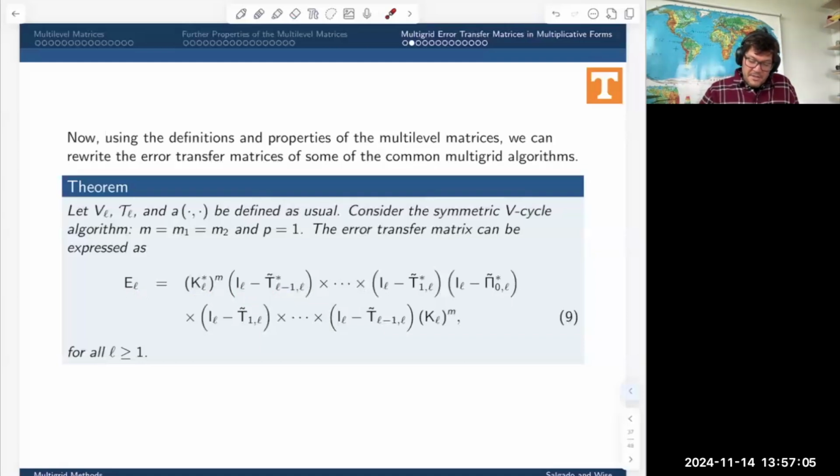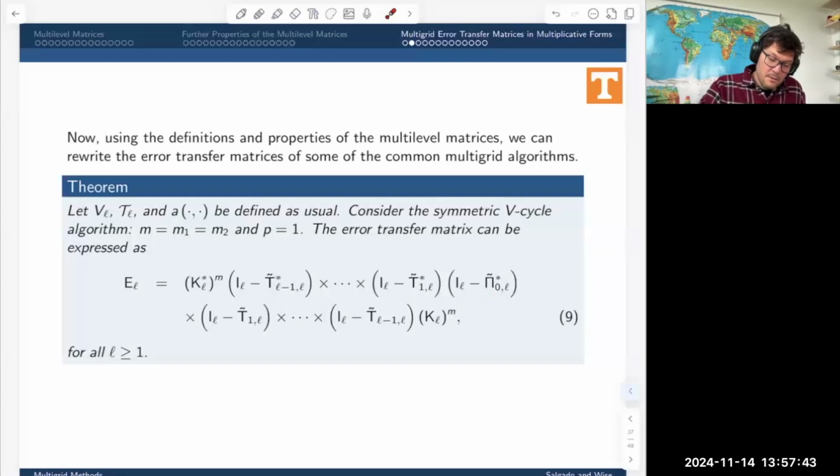And then you continue on in exactly the same fashion. The next one is going to be I_L minus T_{L-2} star tilde L, and so on, all the way until we get down to level 1: I_L minus T_1 star tilde L. What's sandwiched in the middle is going to be the error of the coarse grid Ritz projection going all the way down to level 0.